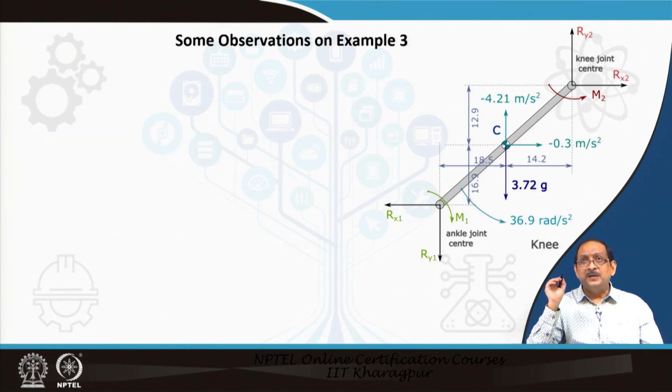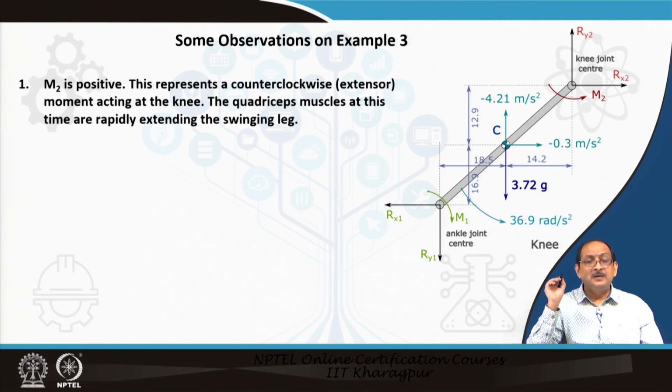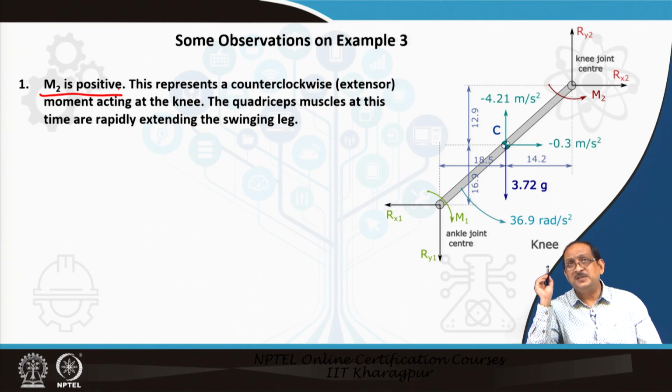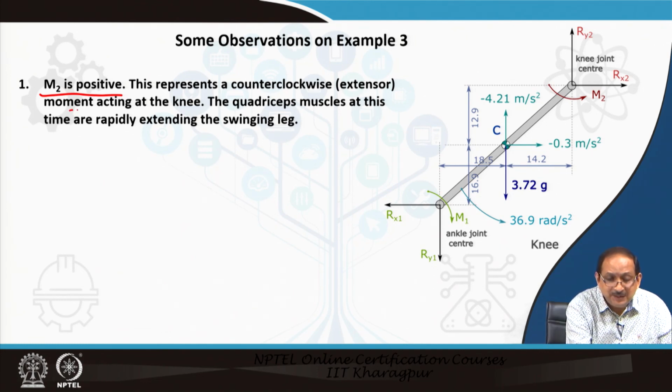So, let us now discuss some observations on this example 3. M2 is found out to be positive. This represents a counterclockwise extensor moment acting at the knee.